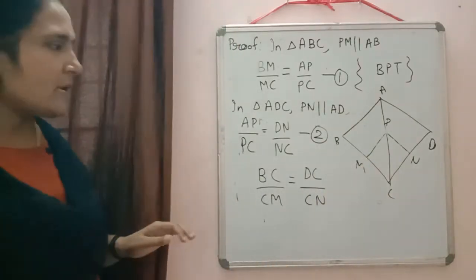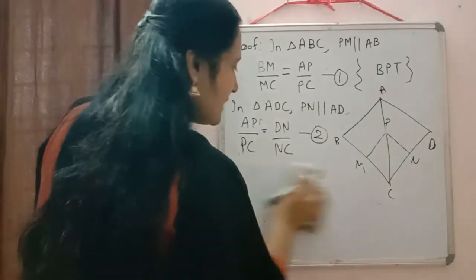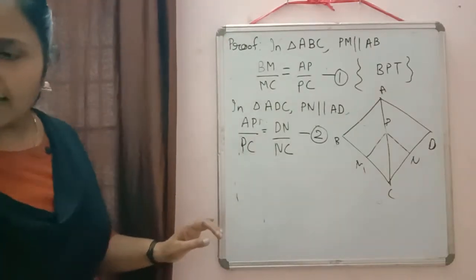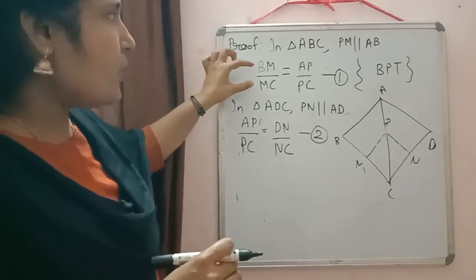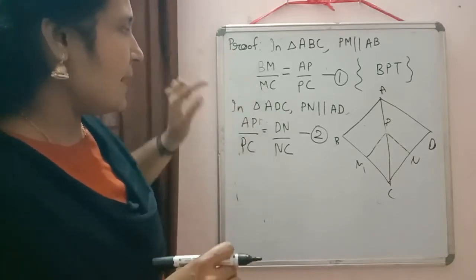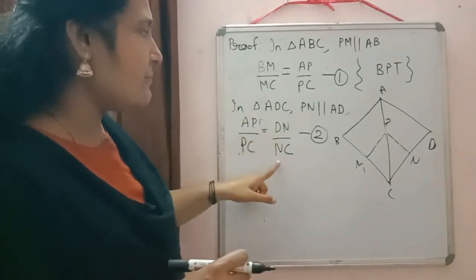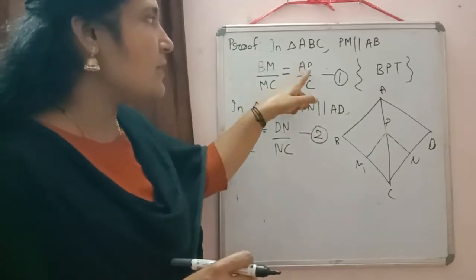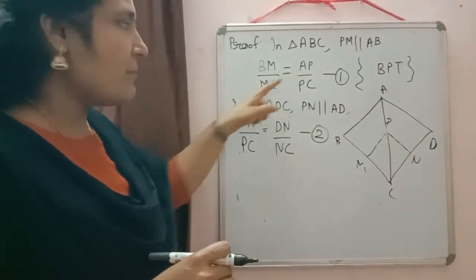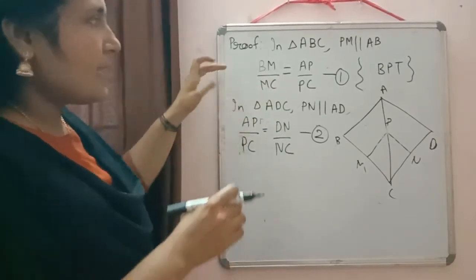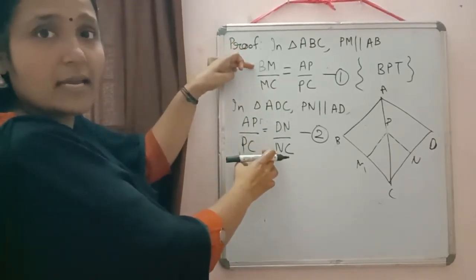So from equation 1 and 2, we will check what we can say. Just to check in equation 1 and 2, is any similarity there? Yes, both the ratios BM by MC and DN by NC are equal to which ratio? AP by PC. So from equation 1 and 2, can we say these two ratios are equal?